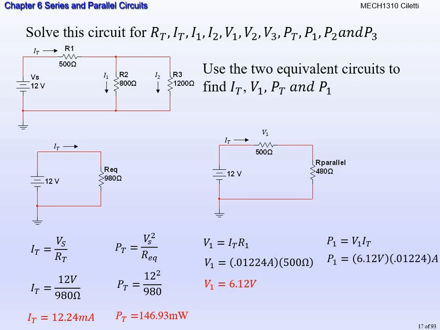Power is VI, so 6.12 volts times 0.01224 amps. And the total power dissipated in resistor 1 is 74.93 milliwatts. All right, we're going to keep going now, but having these equivalent circuits is really beneficial for us.